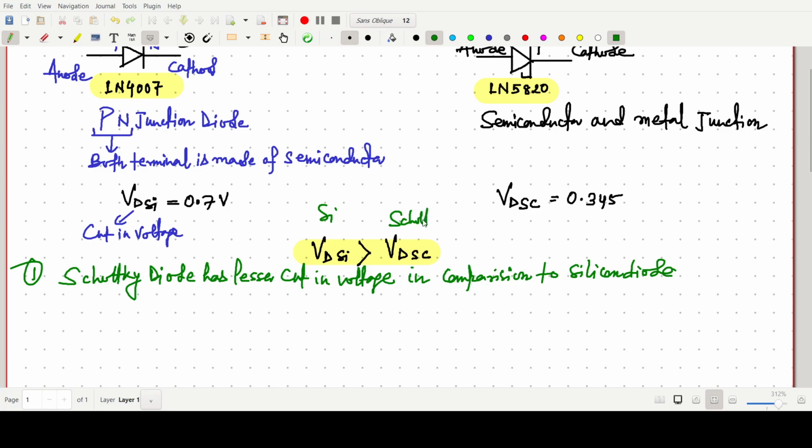Since the cut-in voltage is less, less heat will be generated in the Schottky diode.